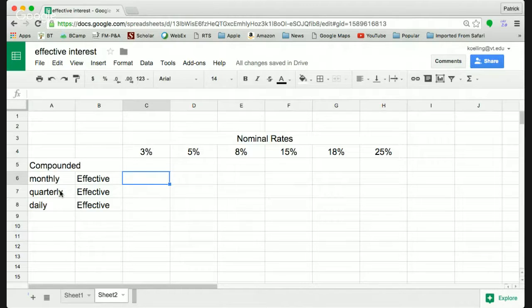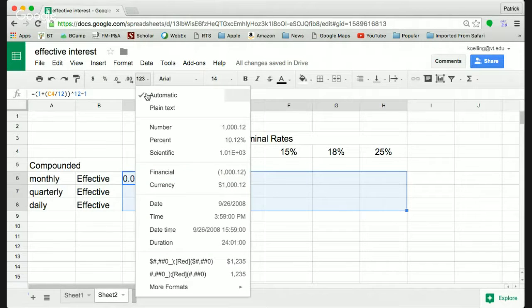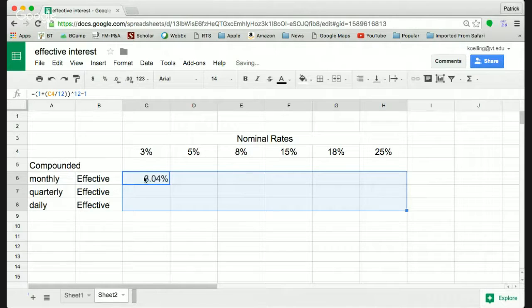So here we go. If we have a nominal rate of 3% compounded monthly, so 12 compounding periods per year, M is 12. The effective annual interest would be equal to 1 plus here's our interest rate, divided by 12, to the 12th, minus 1. And let me go ahead and pre-format some of these to be percents. 3.04%.